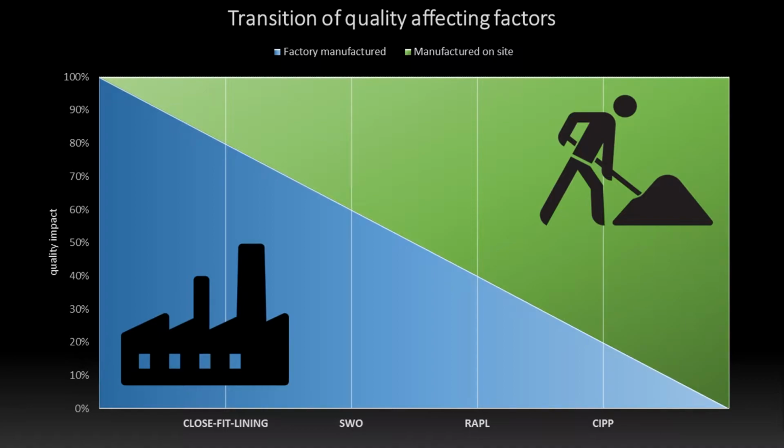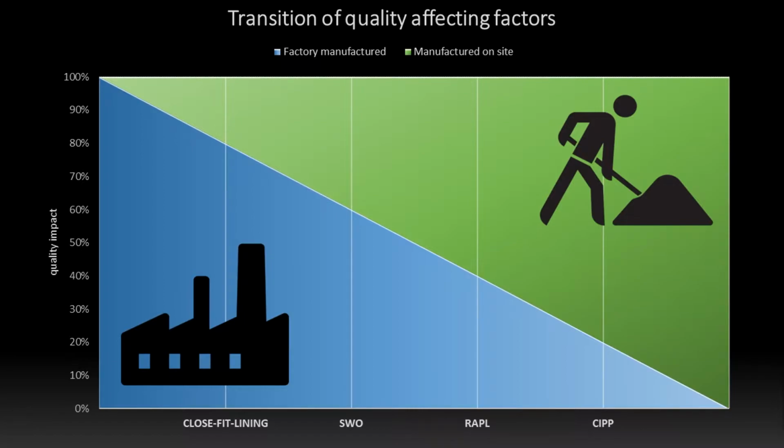There are fewer quality affecting factors on the job site; more or less everything is given in the factory already. On the other hand, the quality of the final product is more affected by the work performed on the job site, like with CIPP, the cured in place pipe lining, with its work steps like soaking the liner with resin, installing it by unfolding or pulling, and curing the resin.